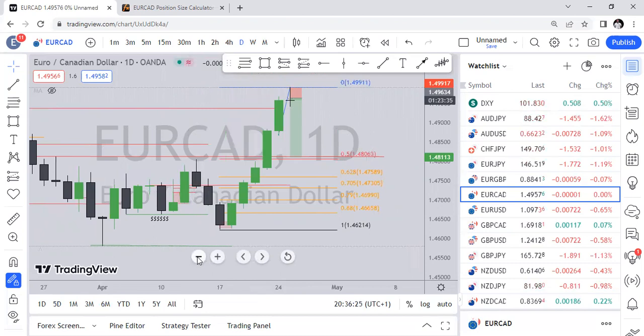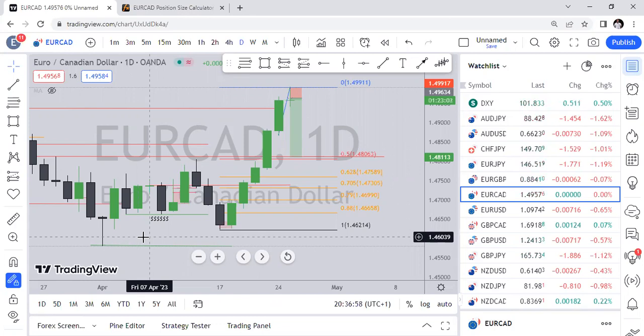So for me, these are the two very important candles that you want to pick out: the engulfing, the one that swallows the previous candle, and then the doji. The engulfing signifies strength, either bullish or bearish strength. The doji is an indication that there is lack of momentum in the market.